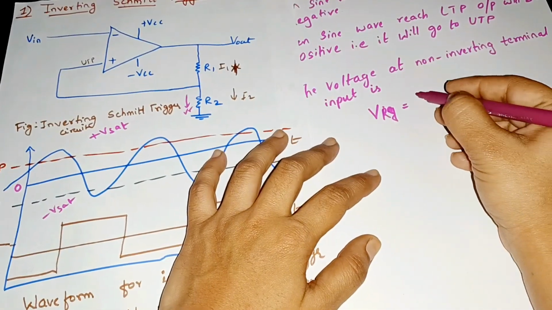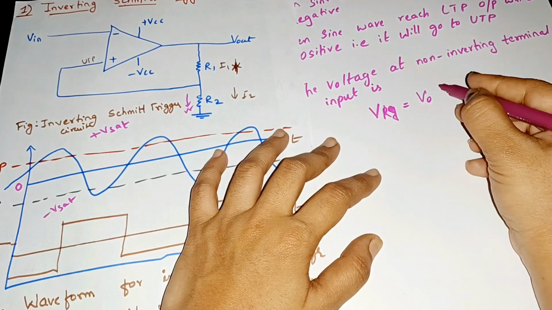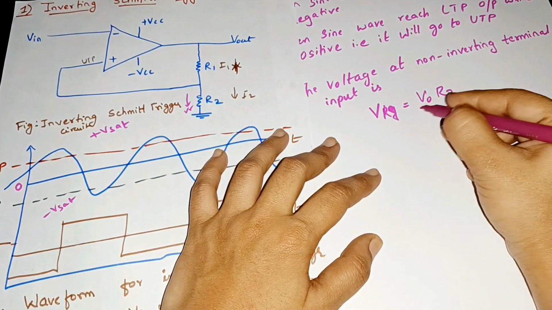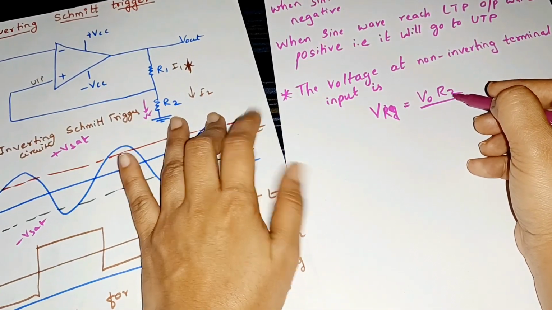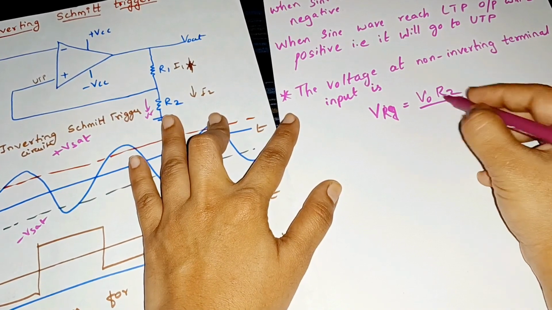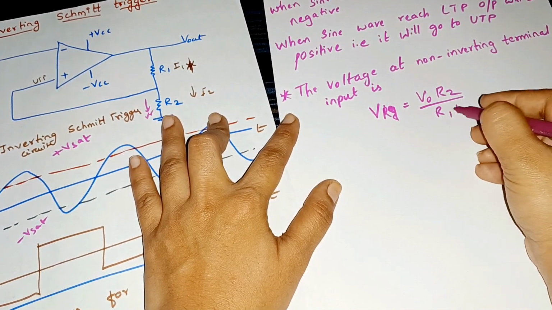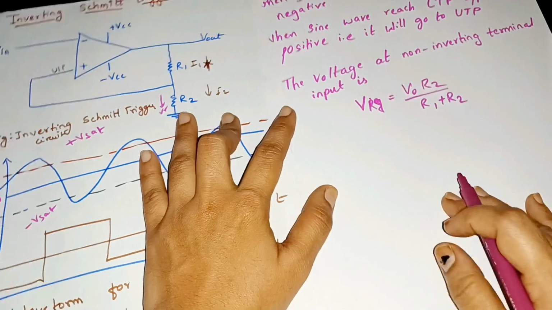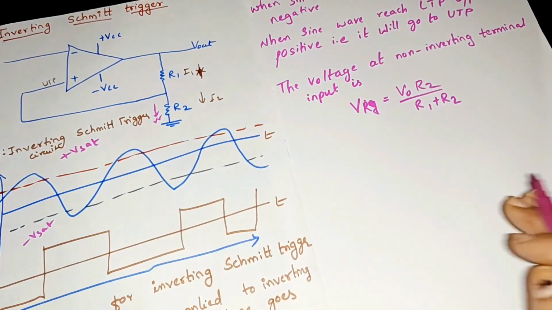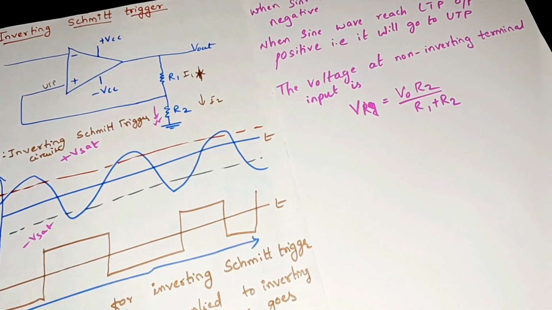So we can say V0 into R2, that is the voltage across the reference resistor R2, and the summation of the two resistors gives the voltage reference value.